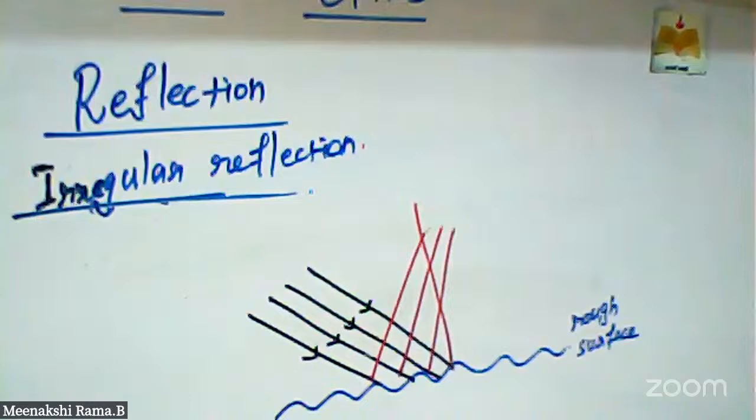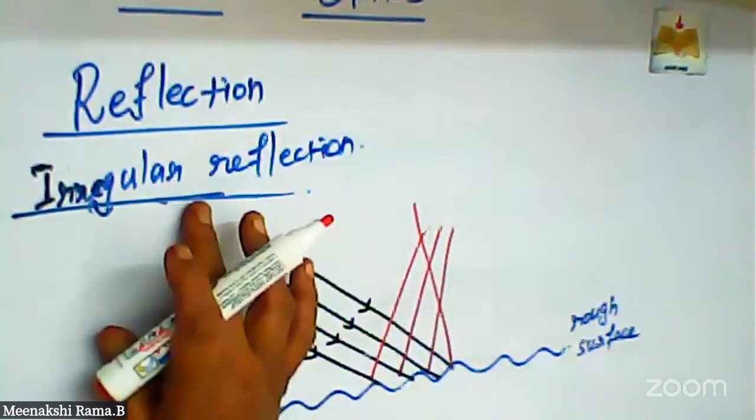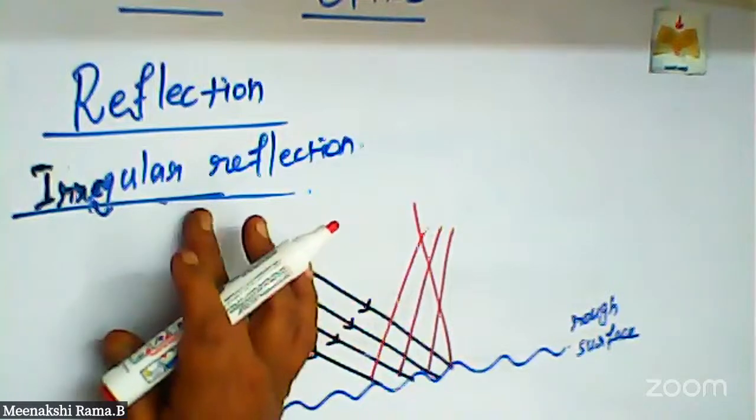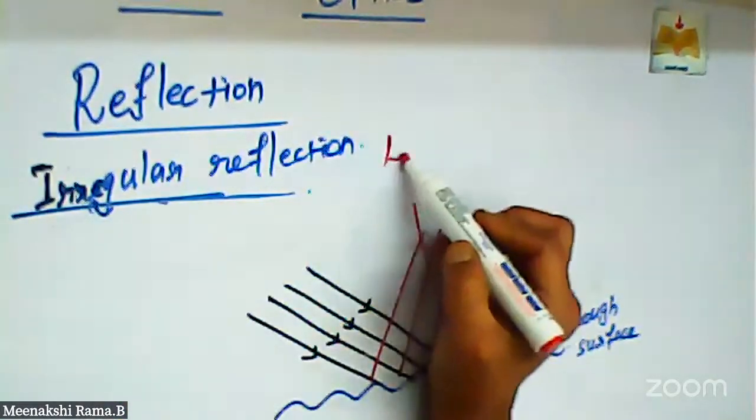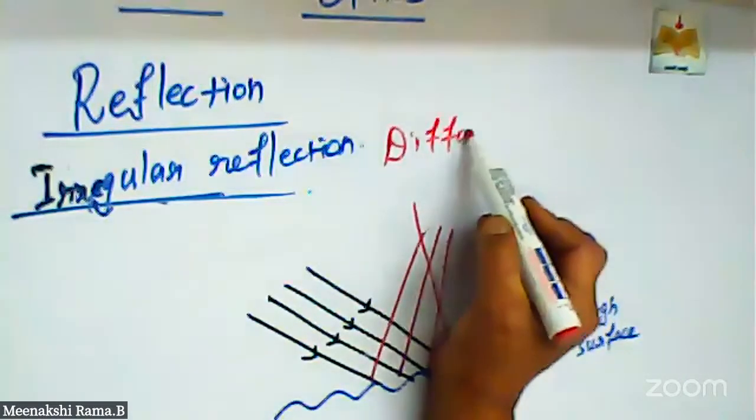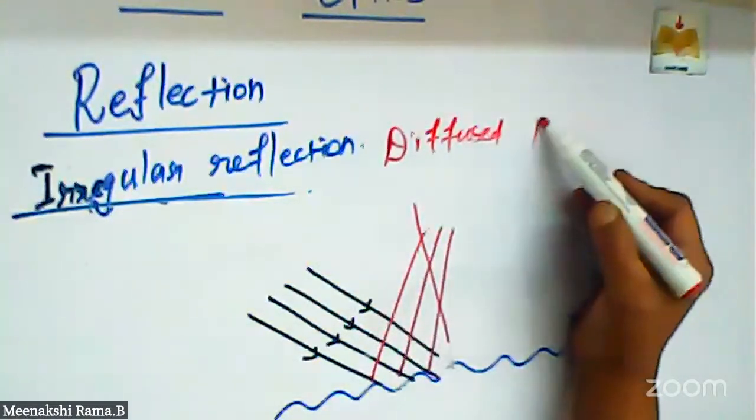So the law of reflection is not obeyed in irregular reflection. This kind of reflection is called irregular reflection or diffused reflection.